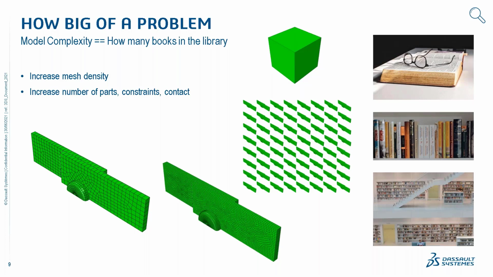So if you've got the same number of parts but more elements, instead of having to sort through 1,000 elements, you might have 10,000, 100,000, a million elements that it has to pull into memory from the disk. And obviously that takes longer.